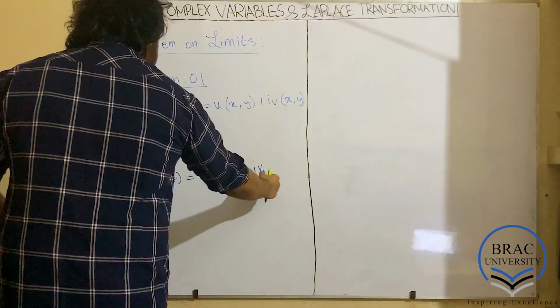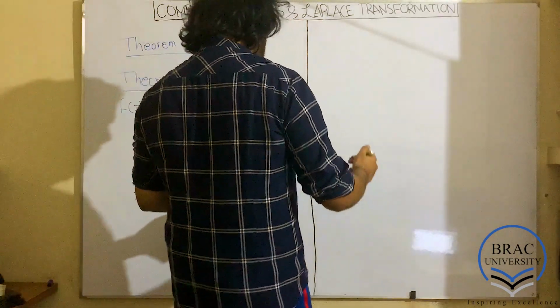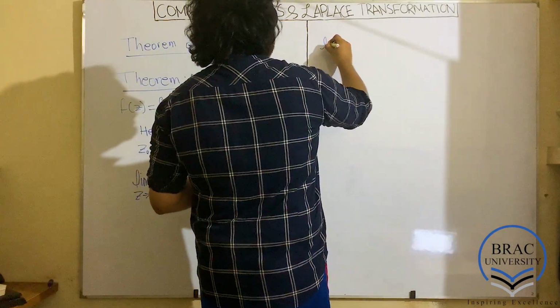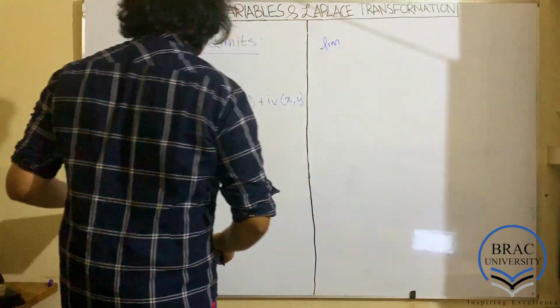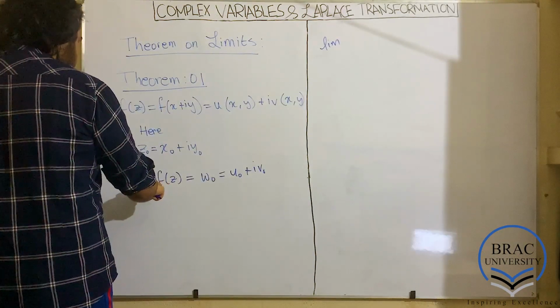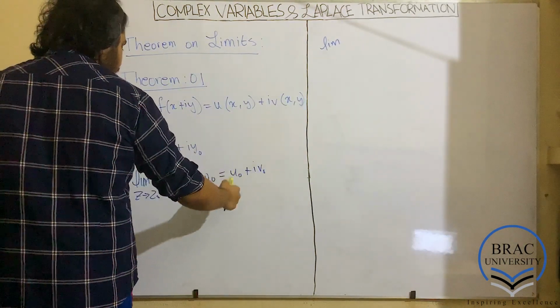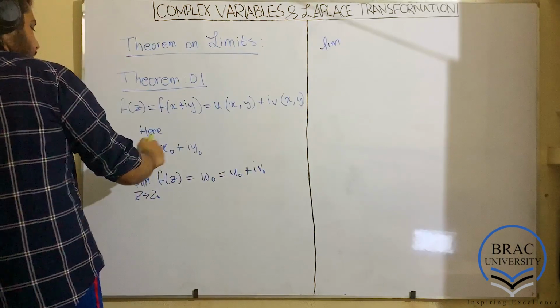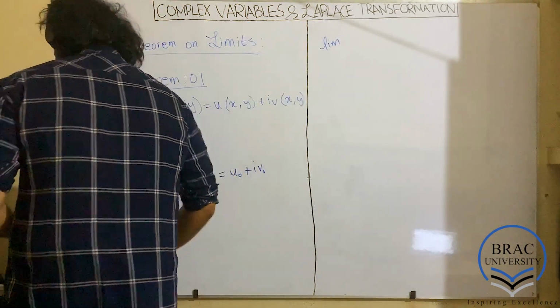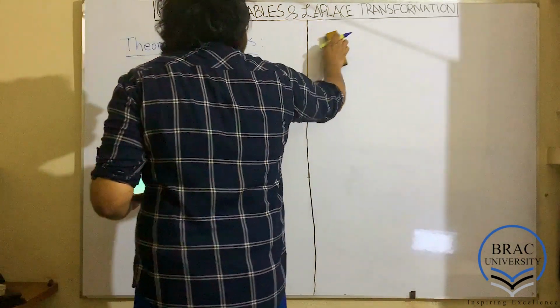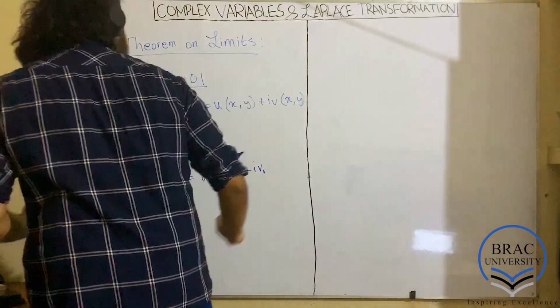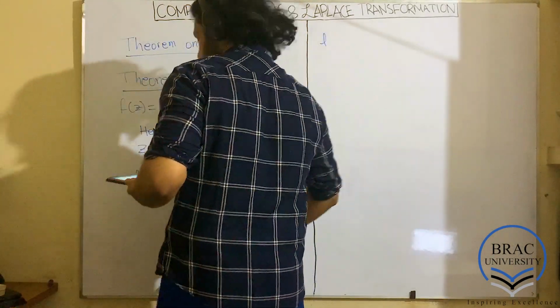And individually, if you break it down, say you apply the limit to f of z, you're individually applying the limit to u and v, as in you have, for example, you've taken a limit.